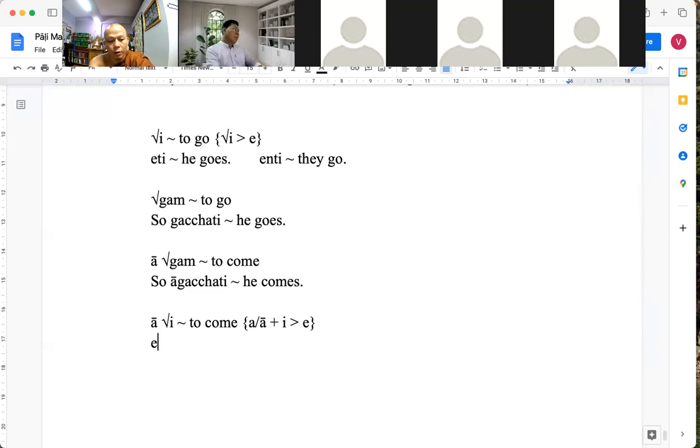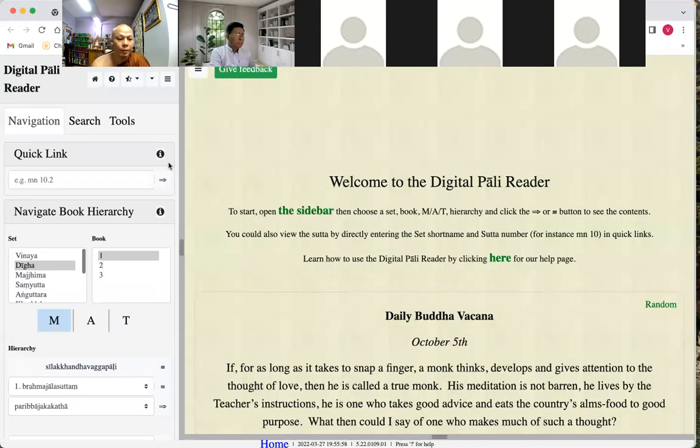So if we have eti, at that time it means he comes. In this way, you see the same form eti and also eti, but one form means he goes, another means he comes. So based on the context, we need to understand. That information can be seen in the dictionary.